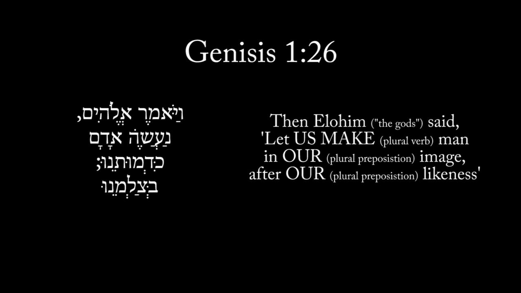Ve'omer Elohim na'aseh adam b'tzalmenu kidmutenu. Then Elohim, the gods, said, let us make man in our image, after our likeness. This entire sentence is one of many that is filled with plural words and pluralized grammar, which suggests the existence of a pantheon of gods.